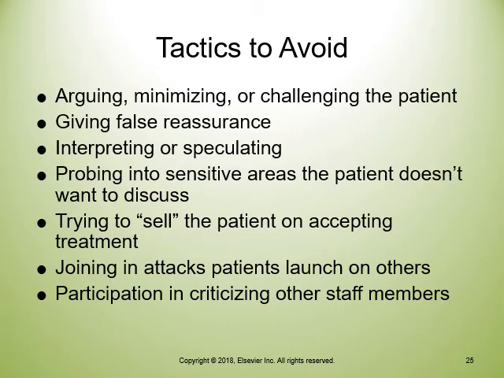Avoid giving false reassurance. It's going to be okay. What happens if it's not going to be okay? Interpreting or speculating. When you don't know, you don't know. So don't interpret. I don't have enough information to be able to tell you. We're going to need to find out more answers.